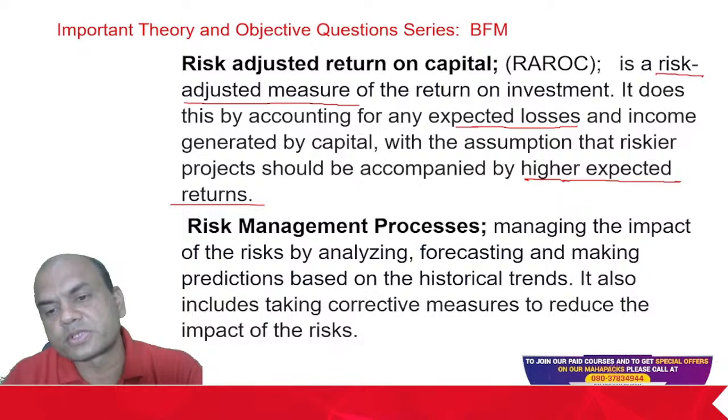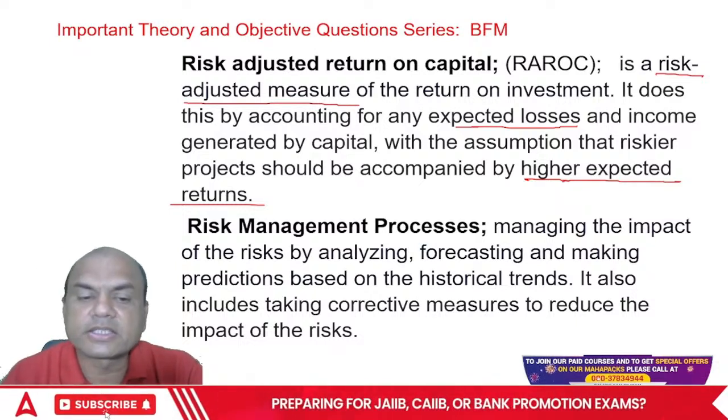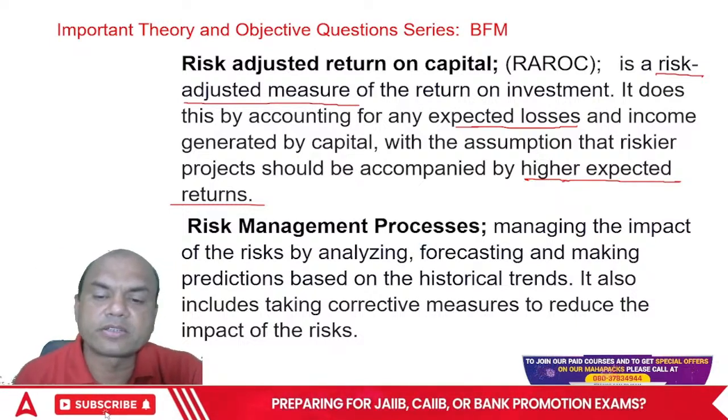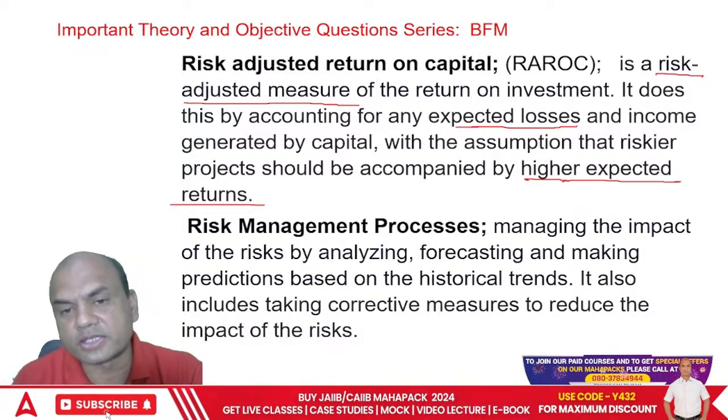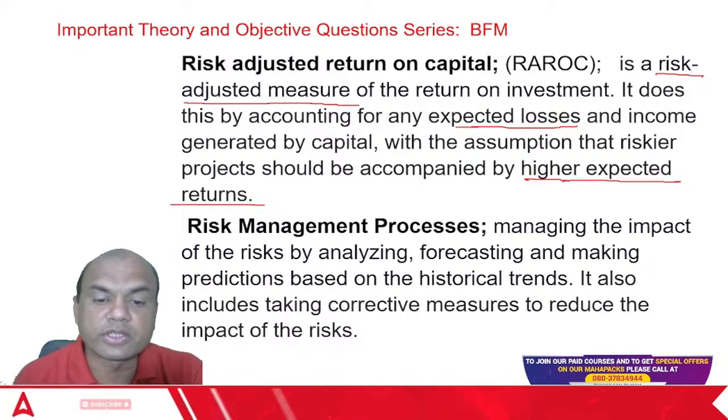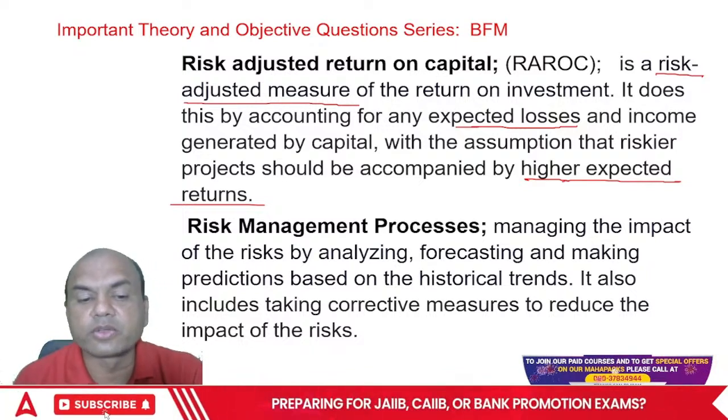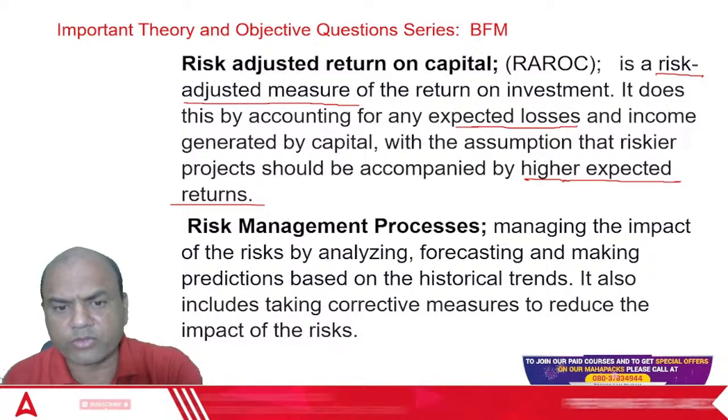Risk management process means what? Managing the impact of the risk by analyzing, forecasting, and making predictions based on the historical trends. It also includes taking corrective measures to reduce the impact of the risk. So what do you mean by this?